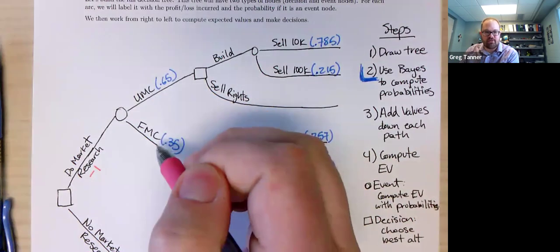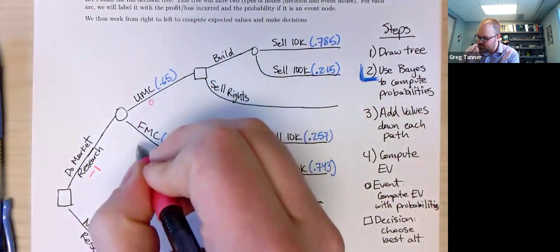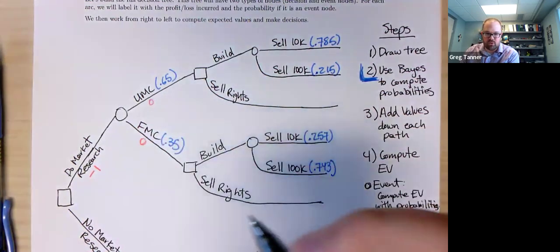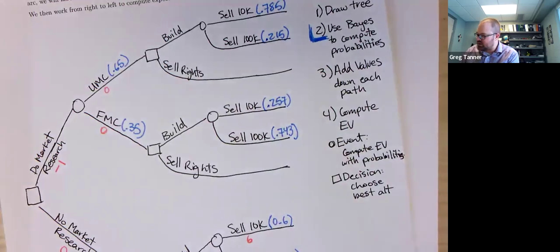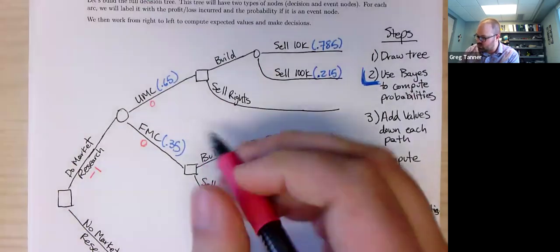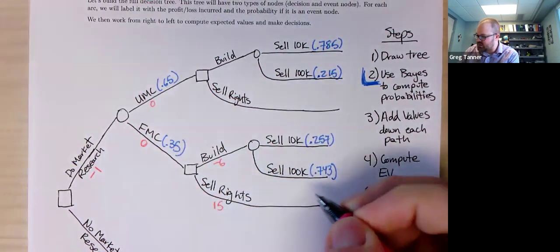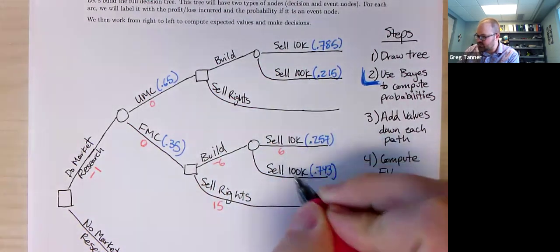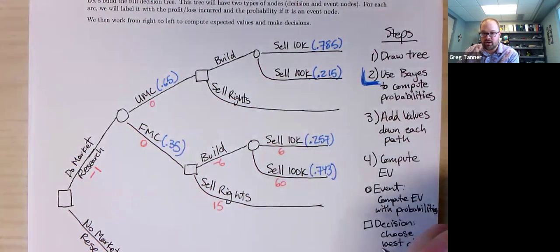Favorable market condition and unfavorable market condition. Once we paid the 1 million, they don't provide any additional value or lose any value. But then we'll get the same things along each of these branches: when we build, it costs us 6, versus selling rights is 15. And we get back 6 if we only sell 10K, but we get back 60 if we sell 100K.